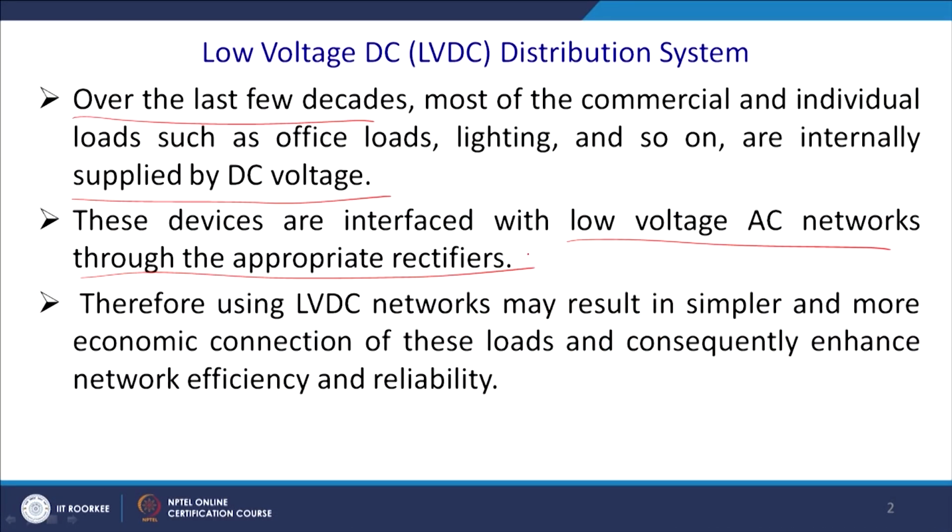Therefore, using a low voltage DC network normally results in simpler and more economic connections of these loads, and consequently enhances the network efficiency rapidly. Please understand that there are many disadvantages of harmonics. Once you are converting DC to AC to DC, then you are throwing a lot of harmonics into the system, and those harmonics will derate every component.